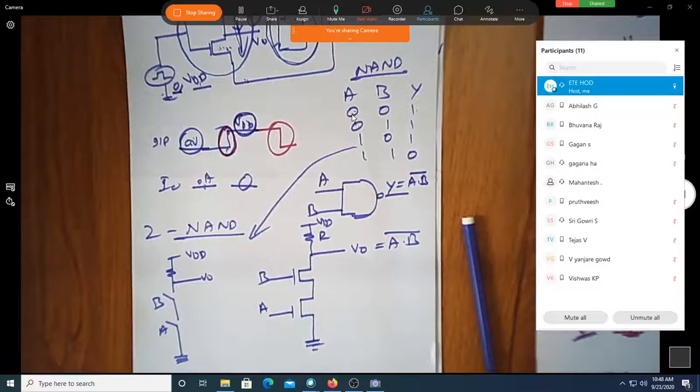Both are NMOS. When both the inputs are 0, 0, how come one is on? Because gate voltage is 0, no? Yes, sir. Both are NMOS, the voltage is 0 here, 0 here, less than threshold voltage, so open, open. When these two are open, does any current flow here? Does current flow?